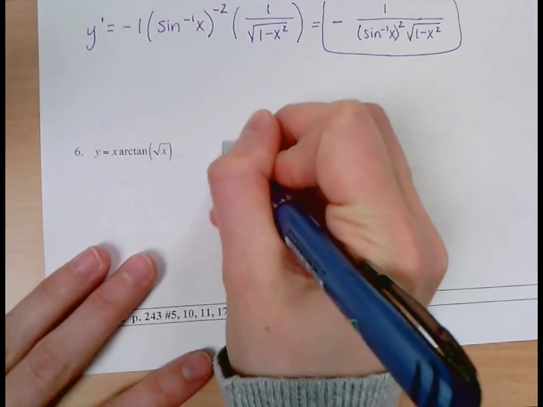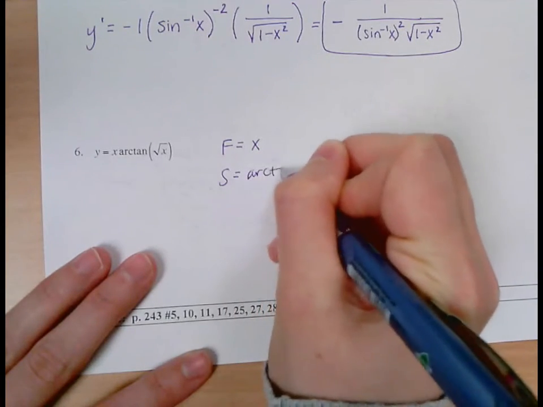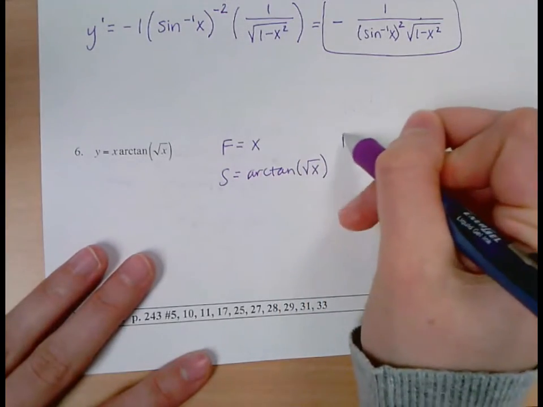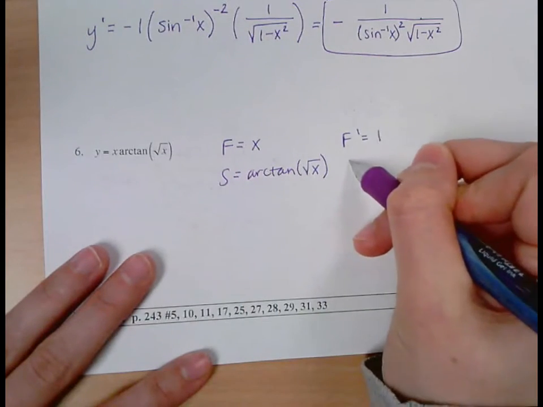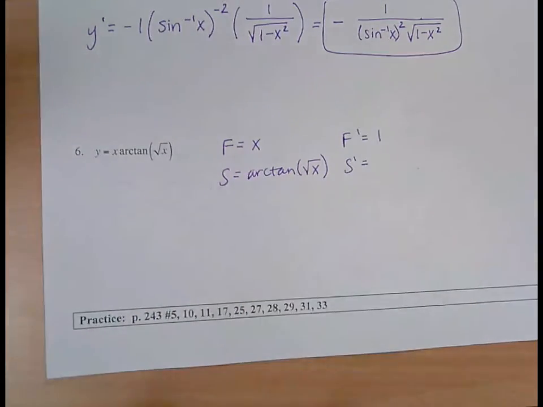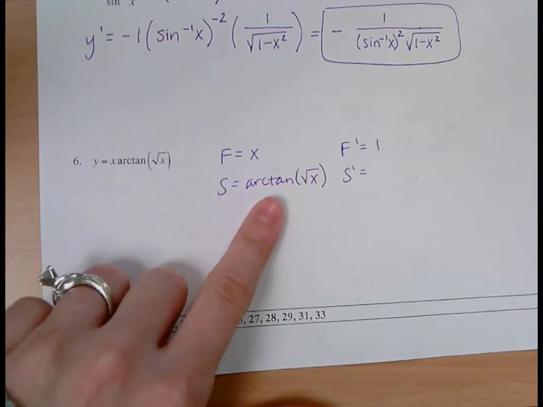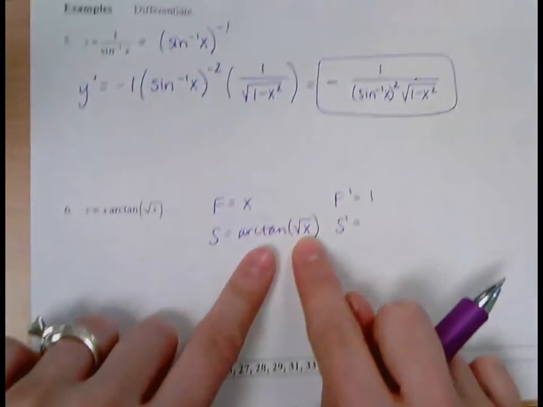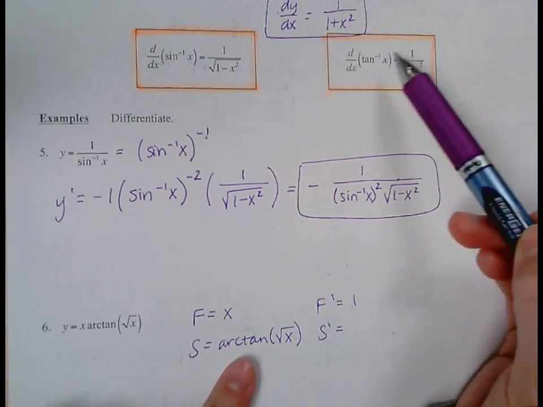So if I let the first function be x, the second be arctangent of the square root of x, derivative of x is 1. So now derivative of arctangent of the square root of x. So it's the derivative of the outside leaving the inside the same. So the inside is left as the square root of x. The derivative of the outside is this rule here.